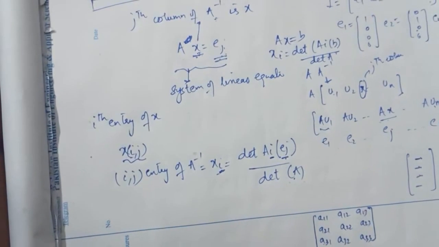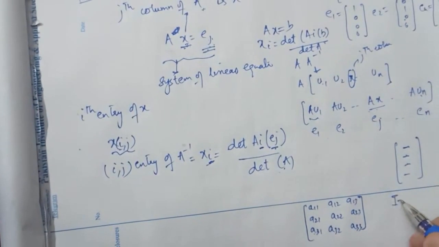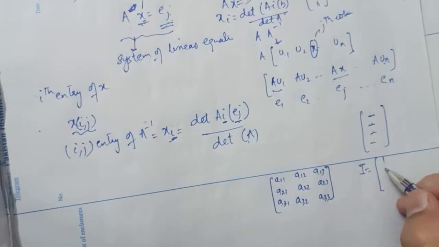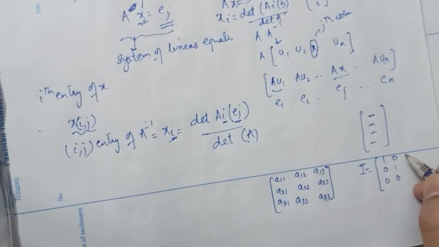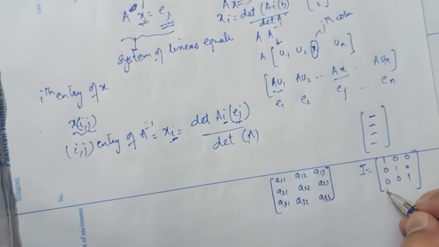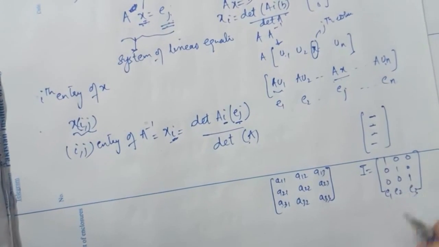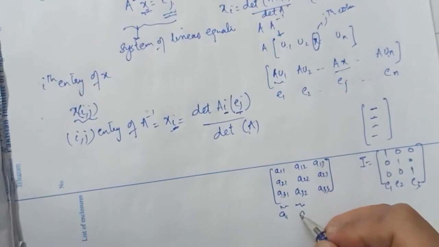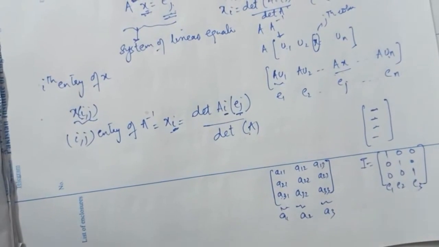Now, remember this is the entry matrix for the 3 by 3 identity matrix, 1 0 0, 0 1 0, 0 0 1, right? So this is your E1, this is your E2, this is your E3. Okay, now this is your A1, this is your A2, this is your A3.